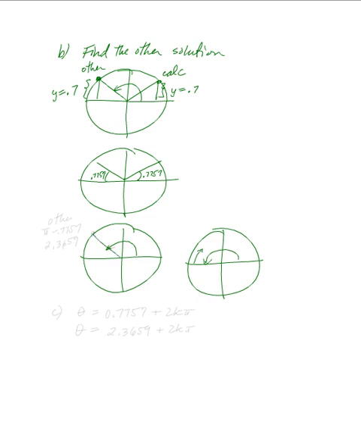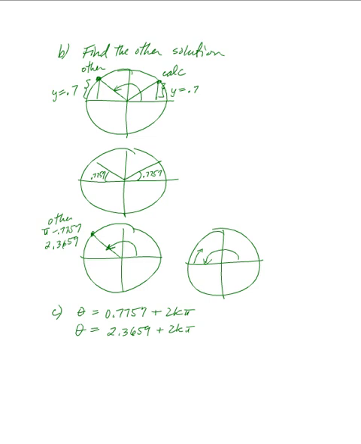So to find this other solution, I would do pi minus 0.7757, which would give me 2.3659. This is my other solution. Okay, now, to find the infinite solutions, since these solutions are not equidistant, I would just say theta equals 0.7757 plus 2k pi, and theta equals 2.3659 plus 2k pi. And that's it for the first example.